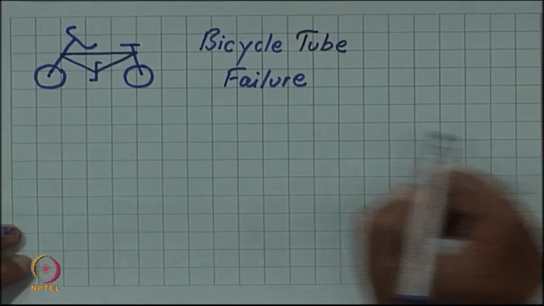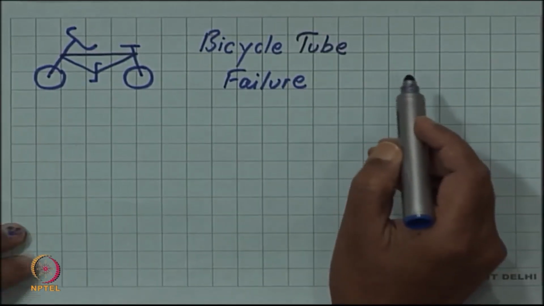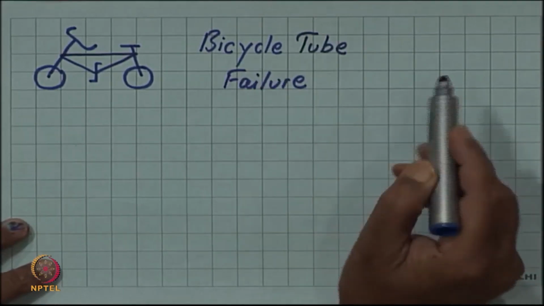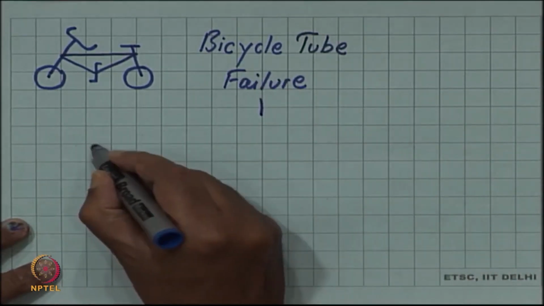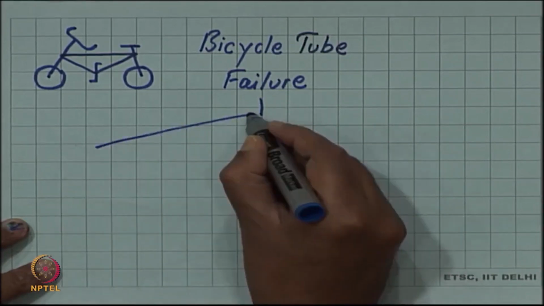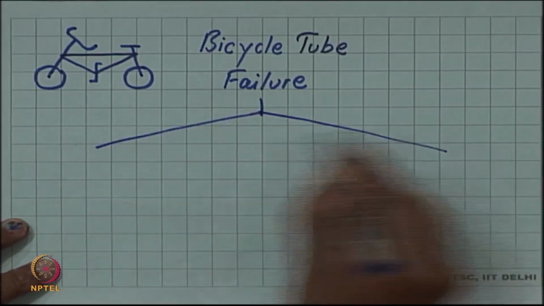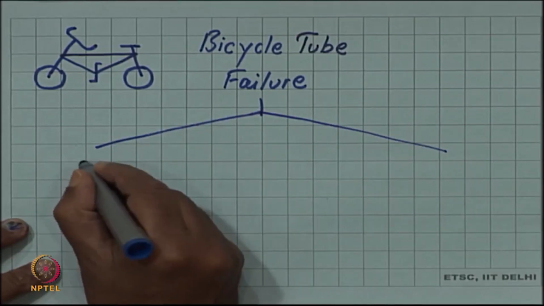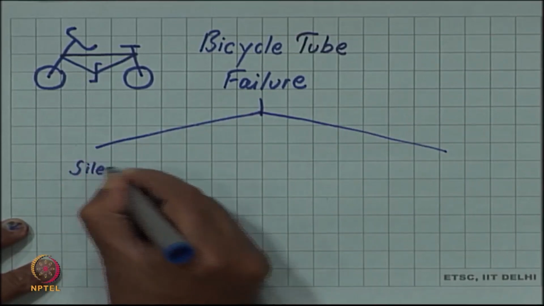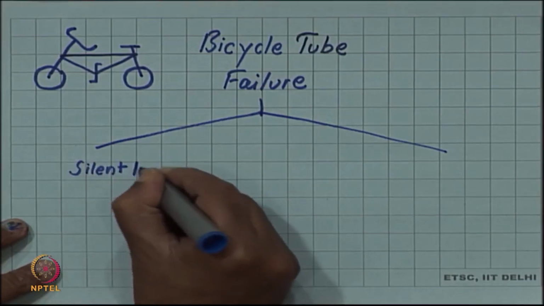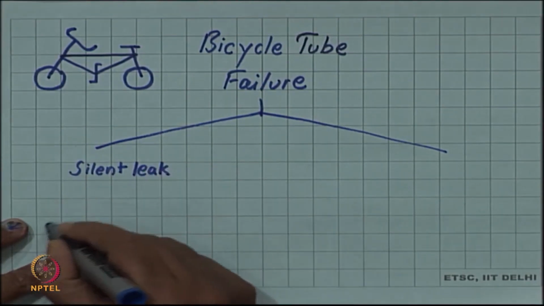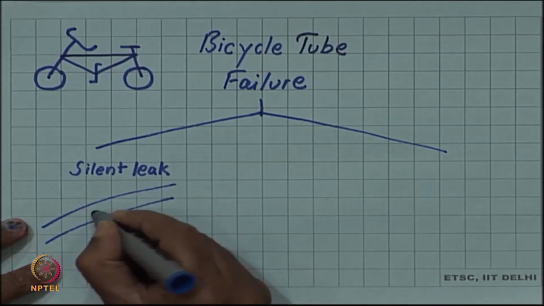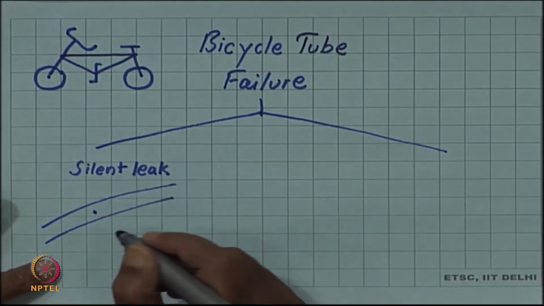Finally, let us look at a more everyday experience, bicycle tube failure. We all know, those of us who use a bicycle, that the tube fails in two different ways. One is a silent leak. There is a hole in the tube, and the air gradually comes out.